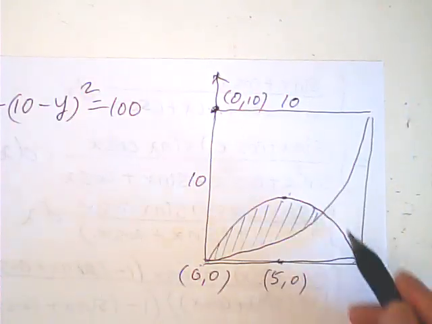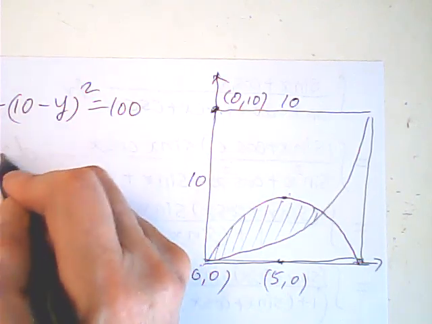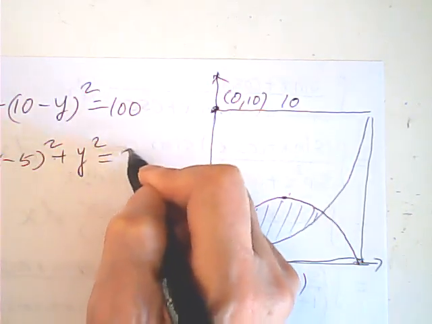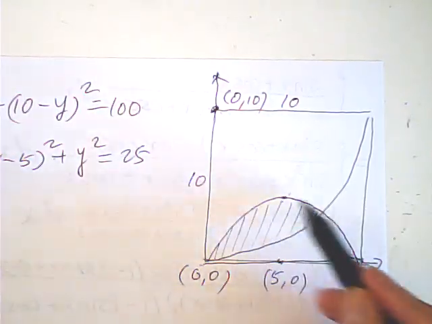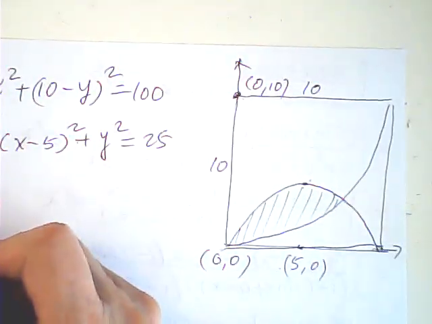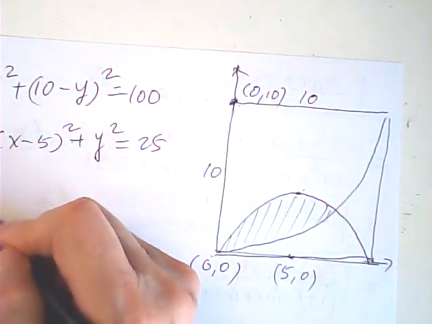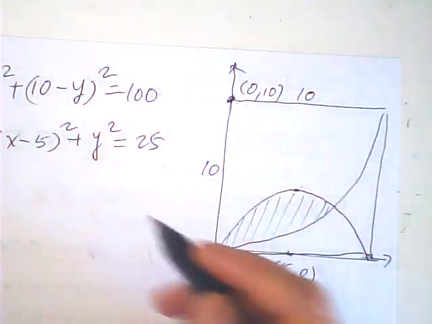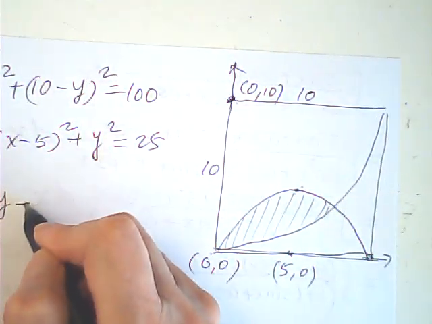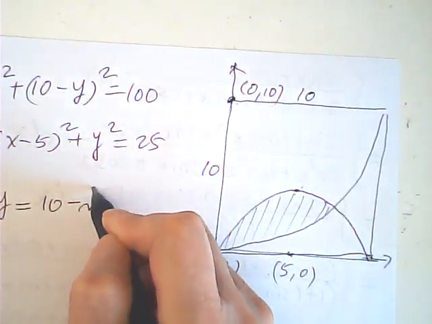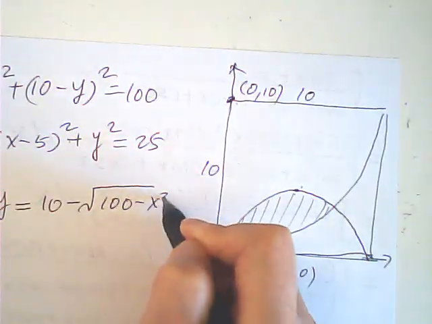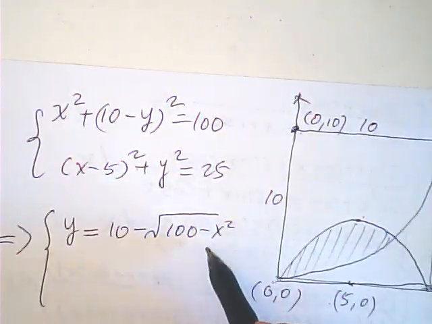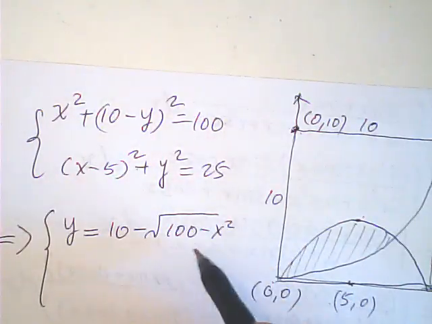And for this circle it is (x minus 5) squared plus y squared, because that is a circle. Now, since we are taking this part, therefore y is equal to 10 minus, well, from this equation you have a plus or minus a square root.